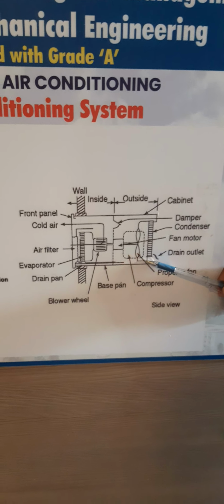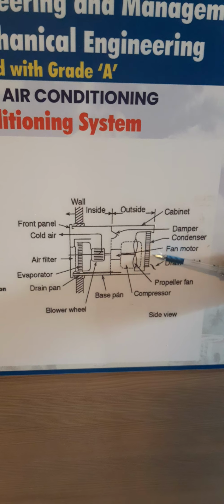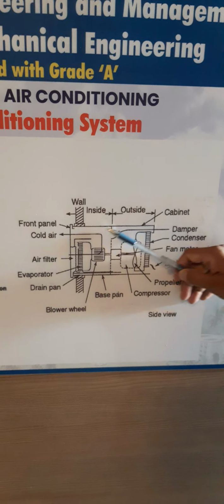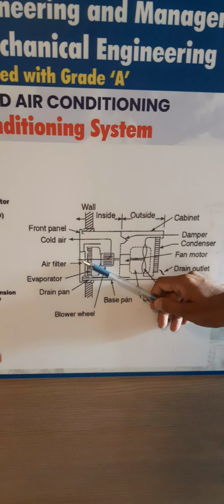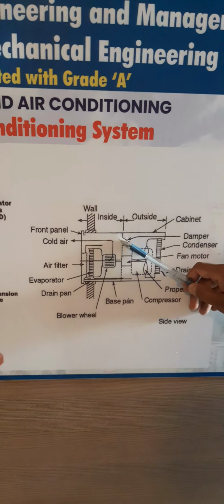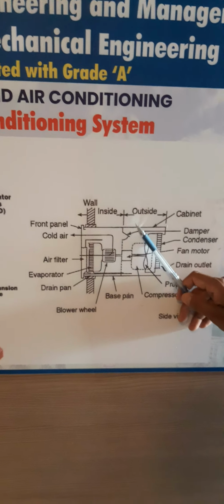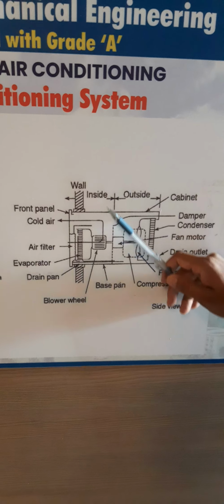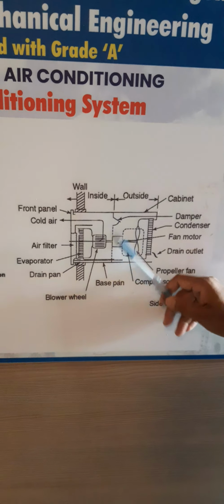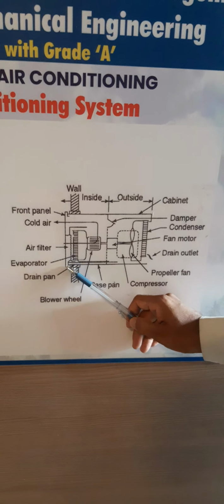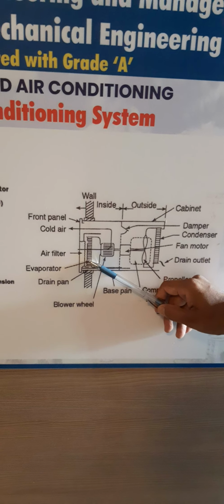So the vapor refrigerant coming from the compressor becomes liquid over here, and then it enters into the evaporator. Before that it passes through the expansion device and the dryer. While passing through the dryer, whatever moisture content is present in the liquid gets removed, okay, and after that it is allowed to pass through the expansion device, that is the capillary tube, and then finally it enters into the evaporator.